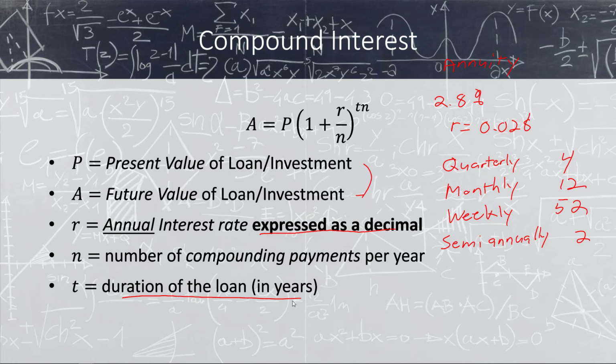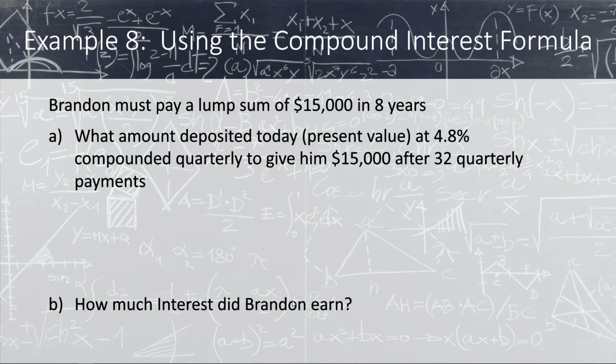Okay, so how do we use this? Well, in this particular problem, Brandon has to come up with $15,000 in 8 years. He has access to an investment account that will pay him an annual rate of 4.8%, compounded quarterly. The question is, how much would he need to put in now so that in 8 years, or 32 quarterly payments, he will have $15,000?